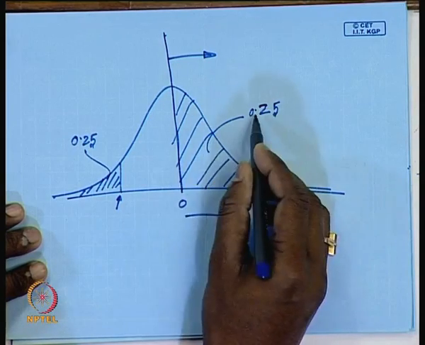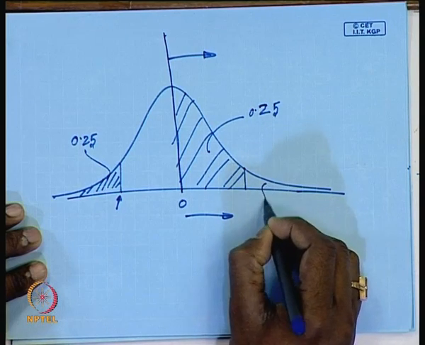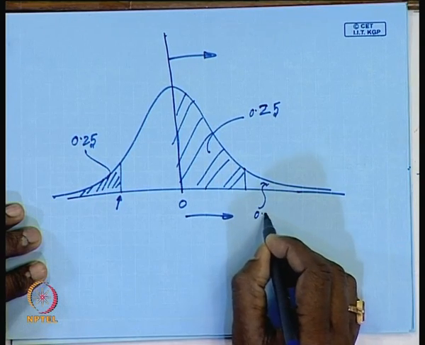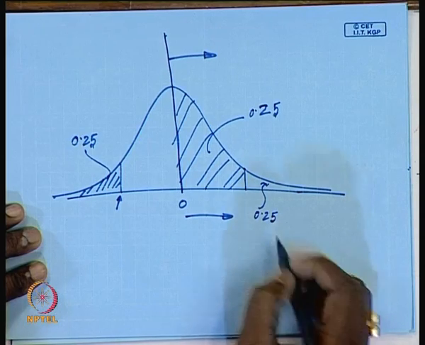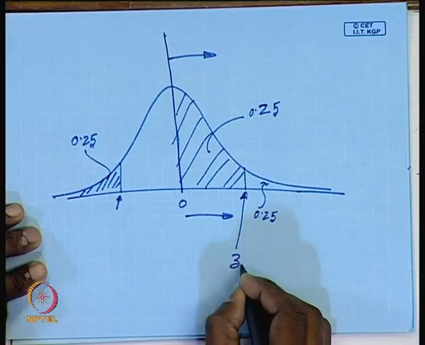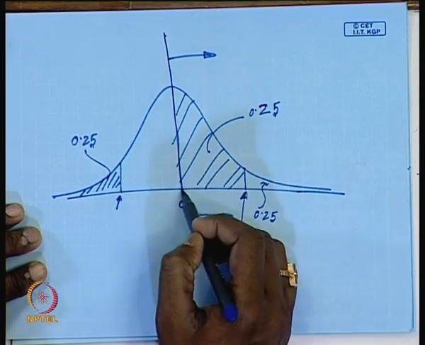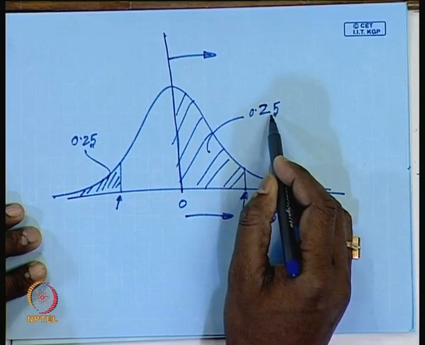Now if this area is 0.25, that means this white area is also 0.25. Suppose I get this value equal to say z1. At z1, from 0 to z1, this probability is 0.25.